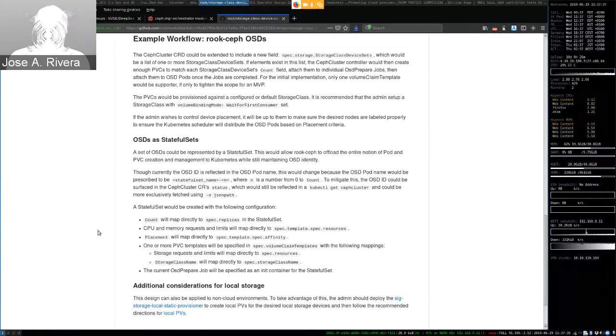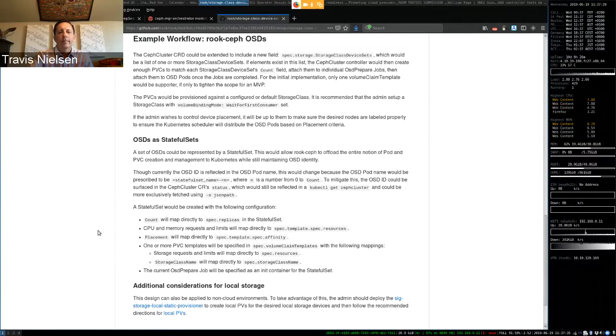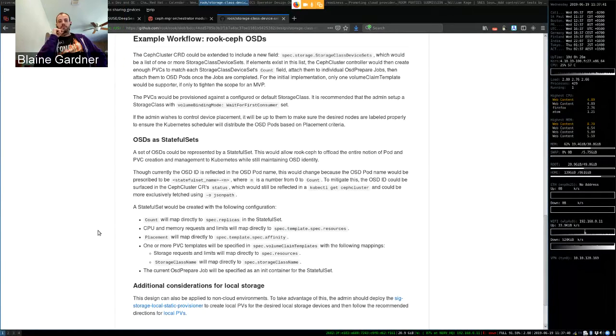Yep, sounds good. I mean, it also occurs to me that the OSD ID doesn't need to be known beforehand if the container running in the pod is not a specific OSD.